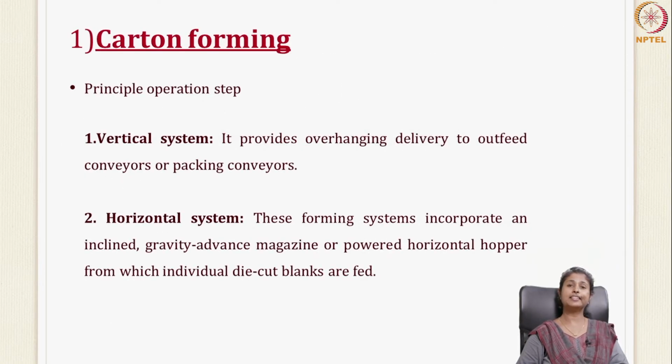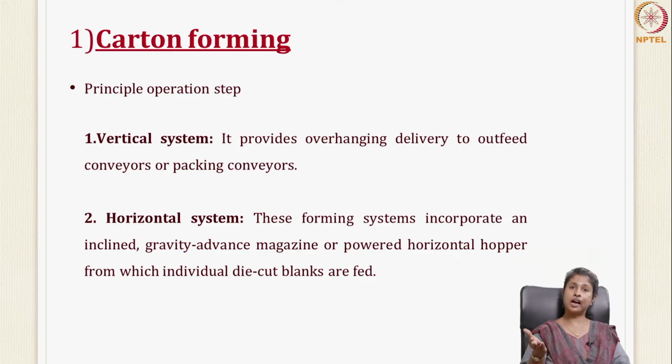Now let's look at carton forming. As we already mentioned, there are two systems, a vertical system and a horizontal system. In the vertical system, there is an overhang delivery of the product into the carton system. While in the horizontal system, the forming system incorporates an inclined gravity advanced magazine.